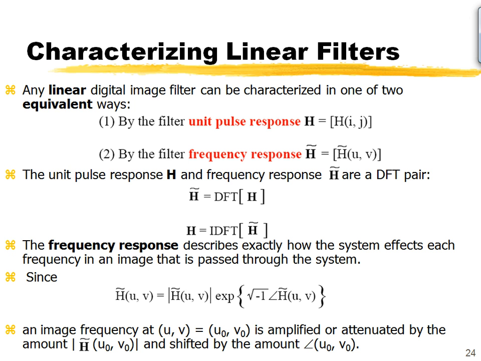If I have a filter H, and if I subject the filter to an input signal which is a unit pulse, whatever I get out is the unit pulse response of the filter. Okay? And in fact, I can characterize all the properties of the linear filter simply by understanding its unit pulse response. Now, this is analogous to characterizing the filter by its frequency response, okay, which would be nothing but looking at the response in the Fourier domain.